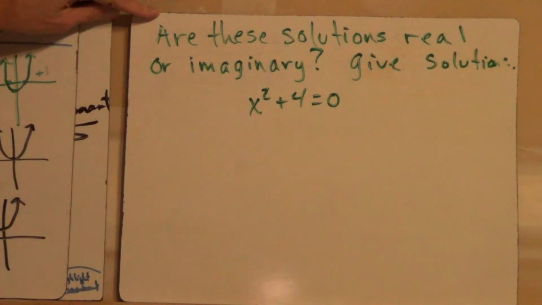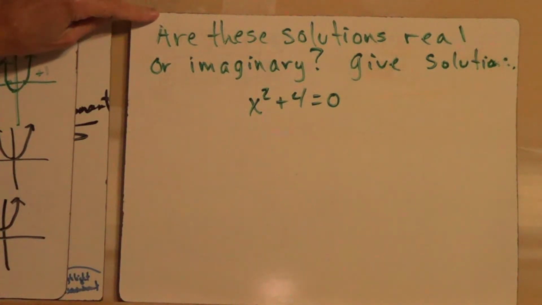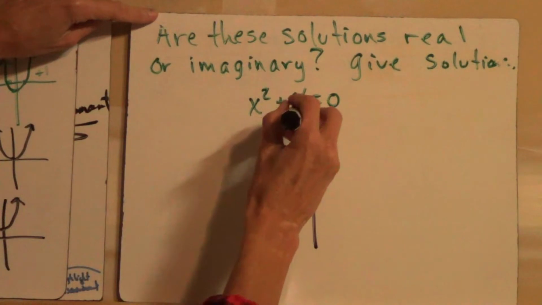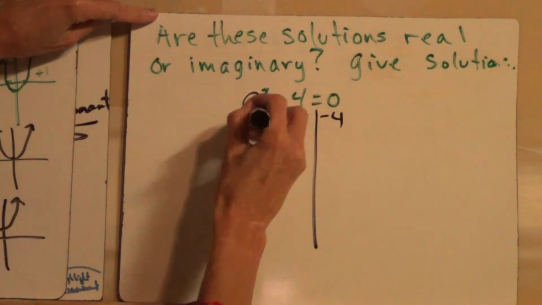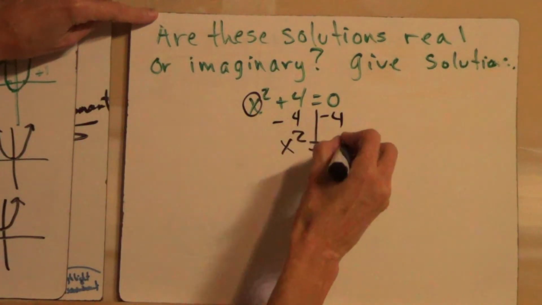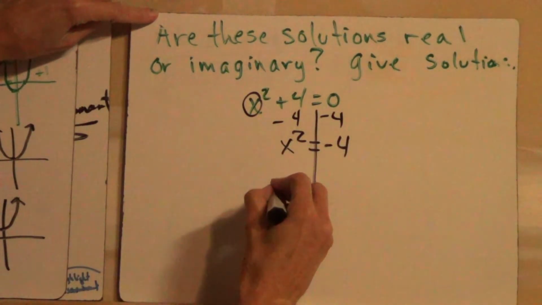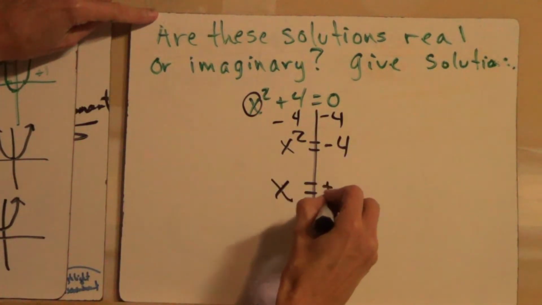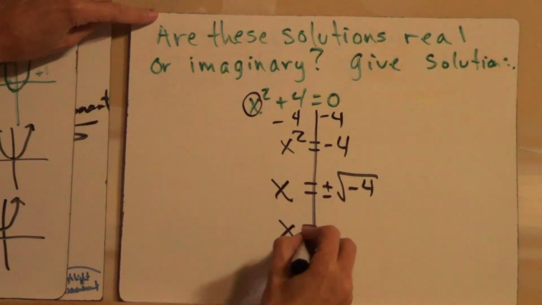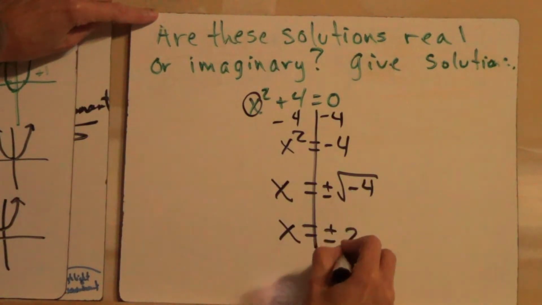Are these solutions real or imaginary? I'll be honest, I wouldn't use the quadratic formula on this. I would actually solve it. So I draw my line, subtract 4 from each side. And I get x squared equals -4. Square root, x equals plus or minus the square root of -4. x equals plus or minus 2i.